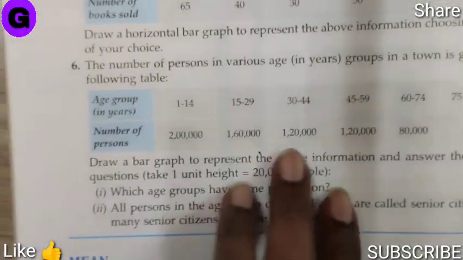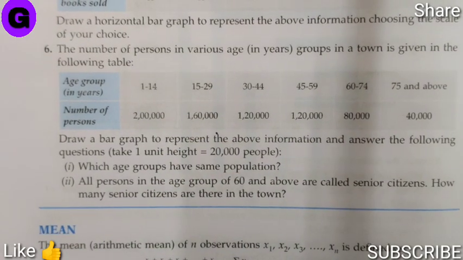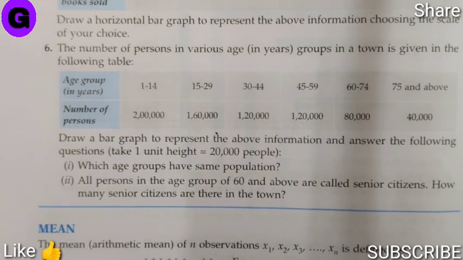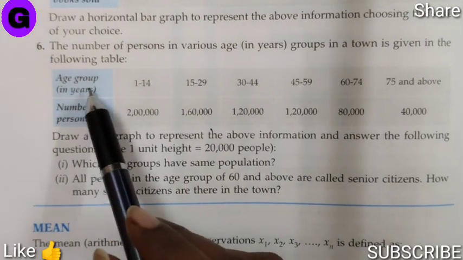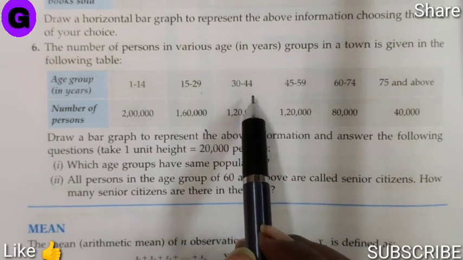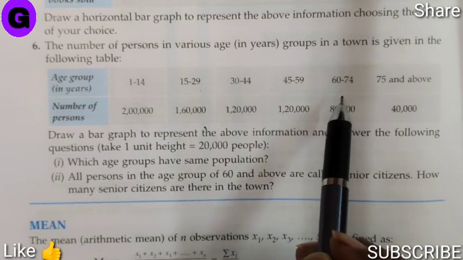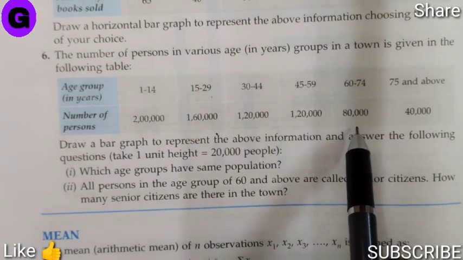Again, in question number 6, a table of the data has been given where the number of persons in various age groups in a town is given in the following table. Age group 1 to 14, 15 to 29, 30 to 44, 45 to 59, 60 to 74 and 75 above, and number of persons.